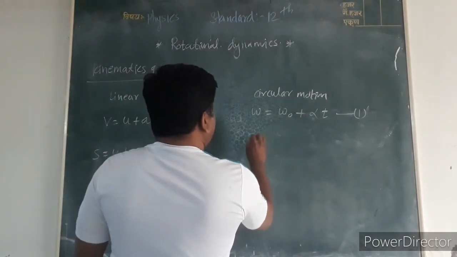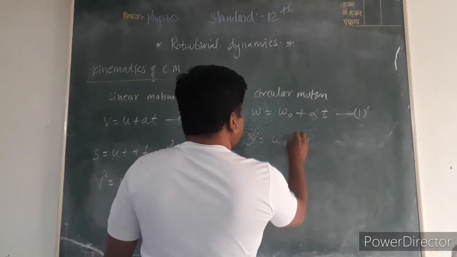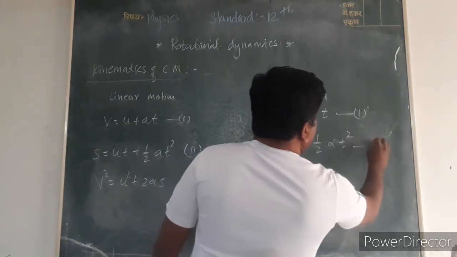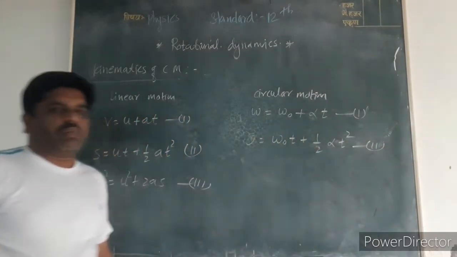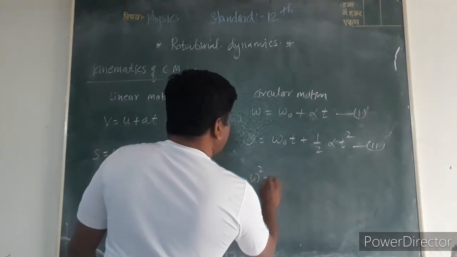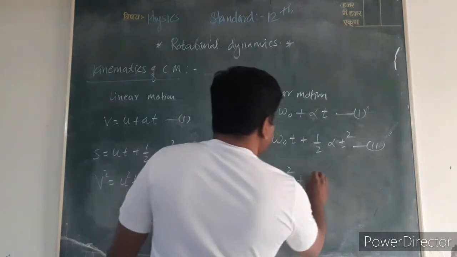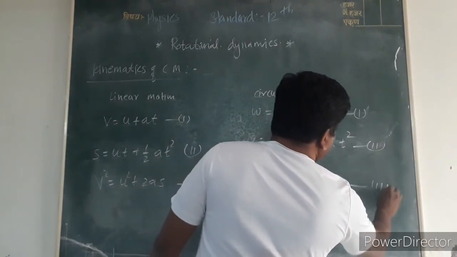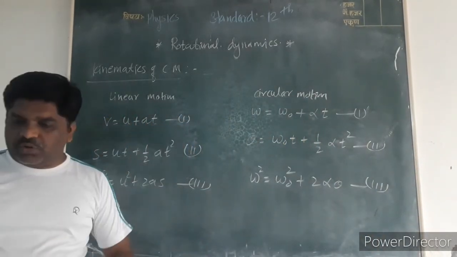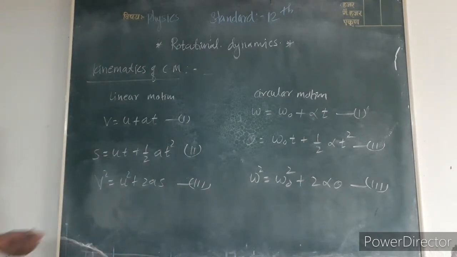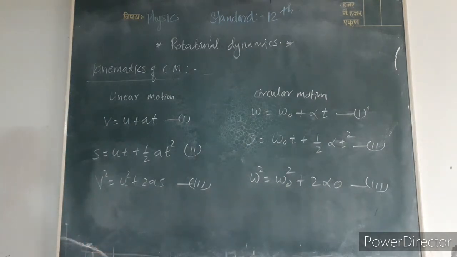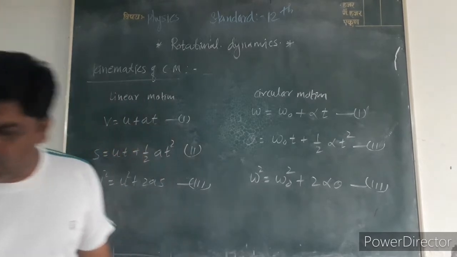Now second, theta is equal to omega 0 into t plus half alpha into t square. This is called second kinematical equation in circular motion. And last, omega square is equal to omega 0 square plus 2 alpha into theta. This is called third kinematical equation in circular motion. This is the kinematics of circular motion, or analogy of linear motion and circular motion.